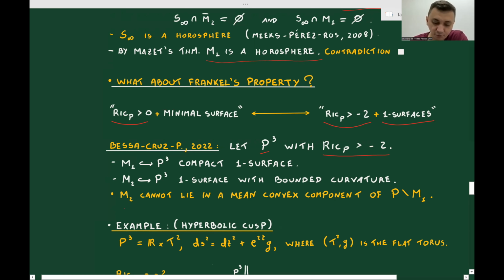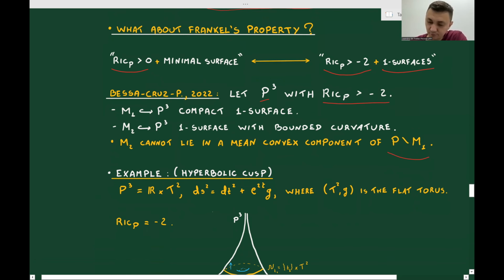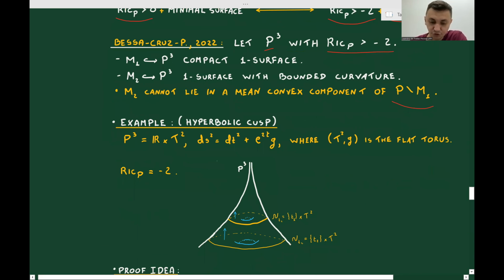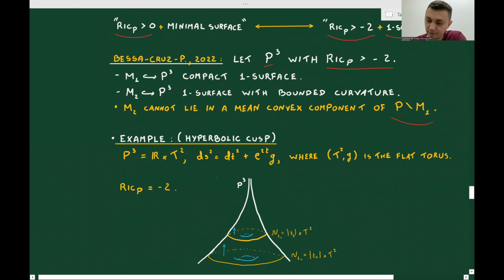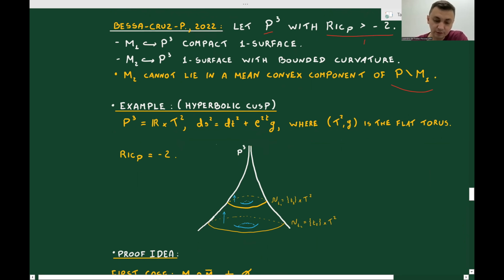In this case, we proved that M2 cannot be inside of a mean convex component of P minus M1. Just to show how sharp this assumption on the Ricci curvature is, we put here an example.